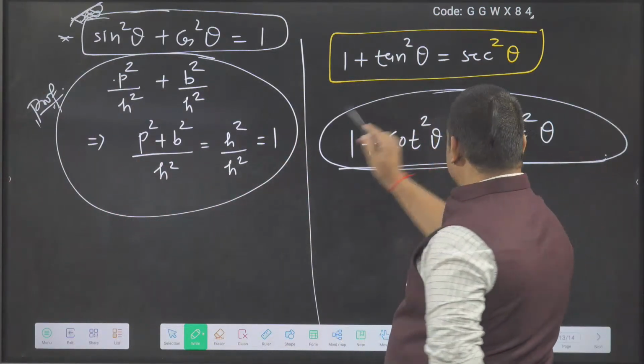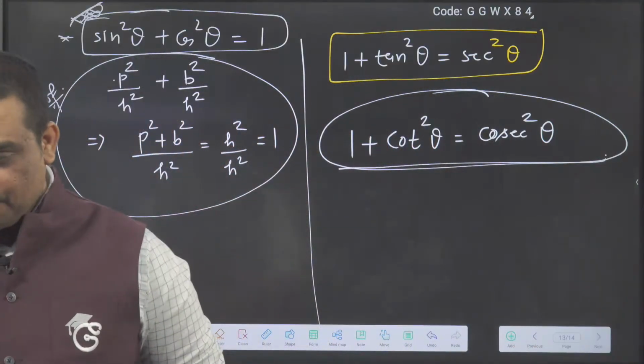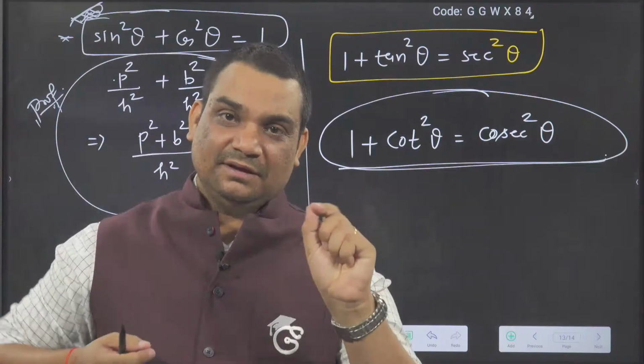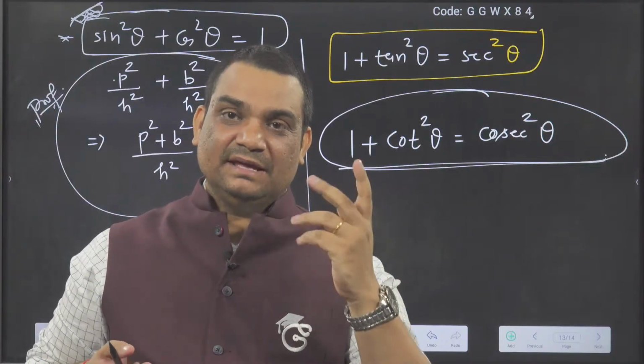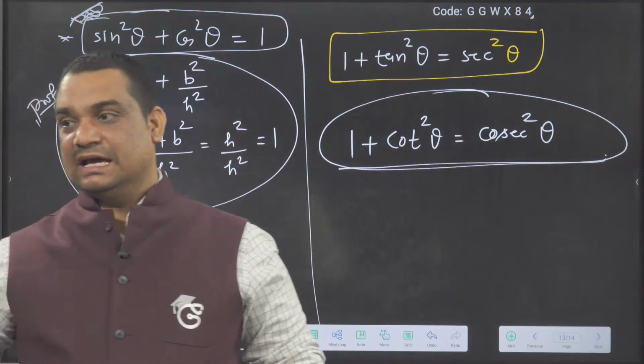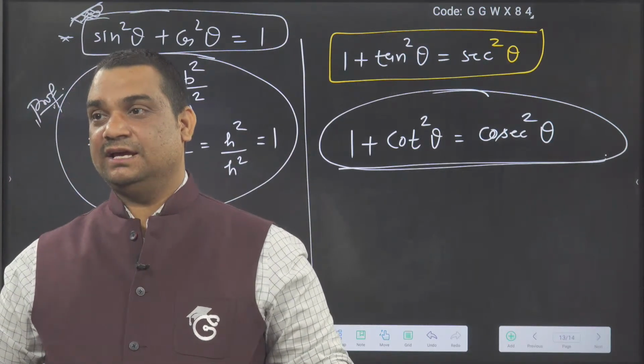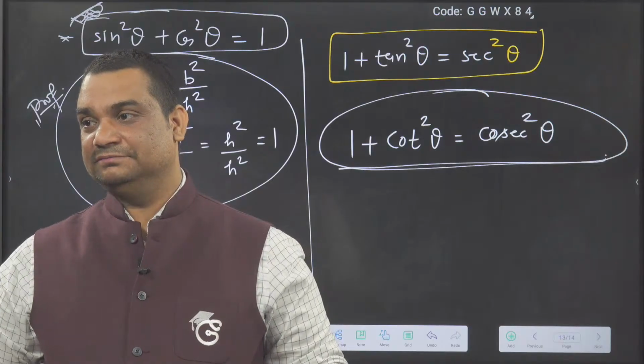Now we'll take one example here, of how they can play with these. They will ask the same simple thing, but in examination they will play with it. Like I was talking about the critical angle earlier, and in the critical angle I said sine theta equal to 1 by mu. Do you remember?